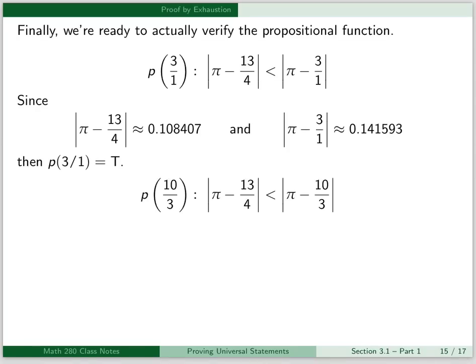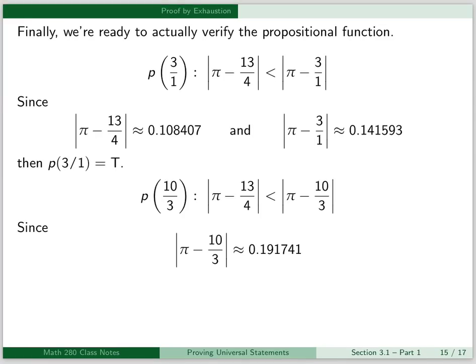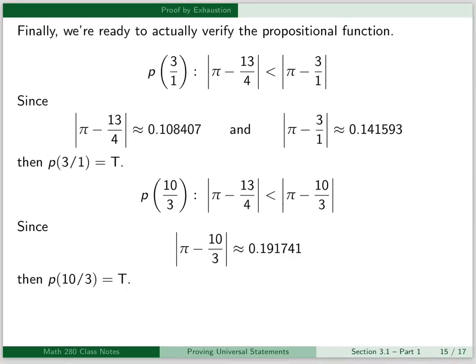P of 10/3 is the absolute value of pi minus 13/4 is less than the absolute value of pi minus 10/3. And since the absolute value of pi minus 10/3 is approximately 0.191741, we can see that p of 10/3 is also true.